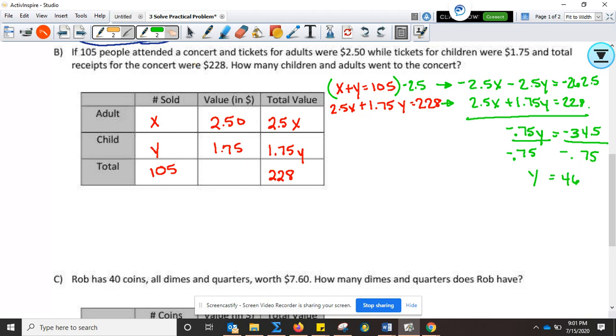So my child tickets are 46. To find adult, just plug it into your original equation. X plus 46 equals 105. Subtract 46. X is going to be 59. So we sold 59 adult tickets and 46 child tickets.